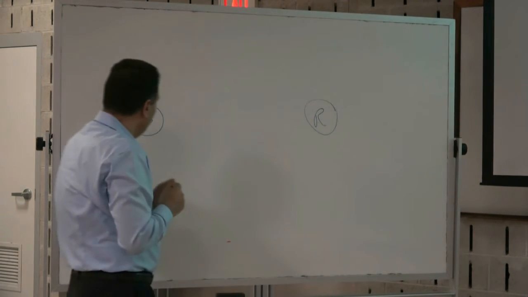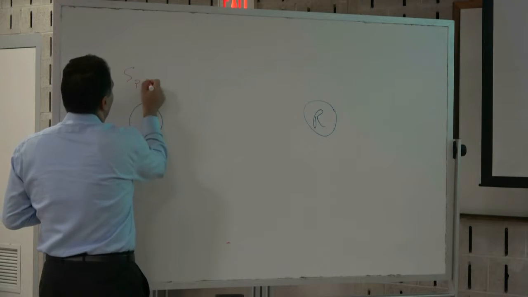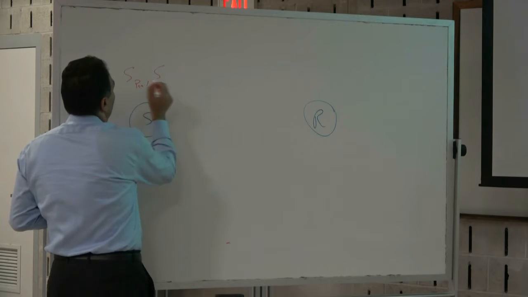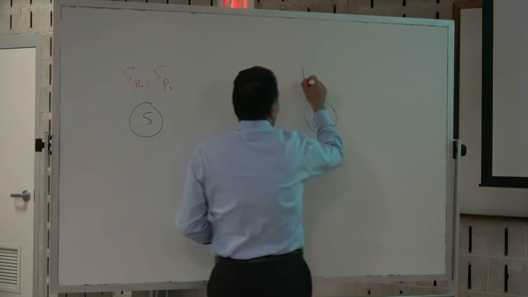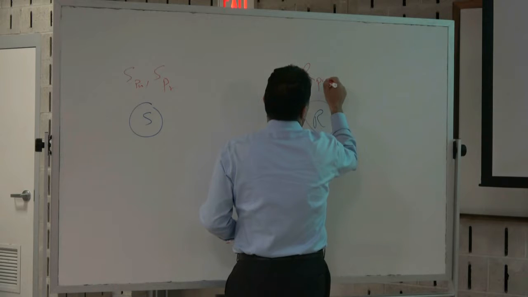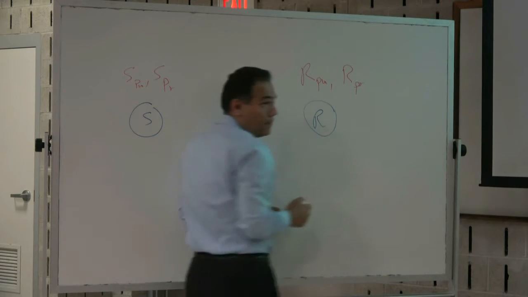The sender will have a public key, PU, and a private key, PR, we say. And the receiver will have a public key, which is PU, and a private key, right?